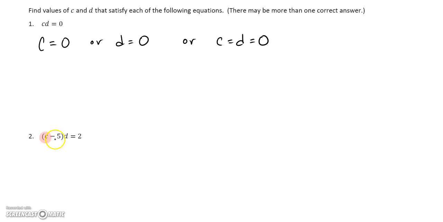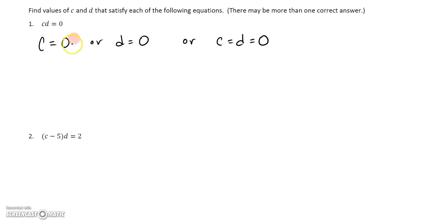What about this one? What about number 2? We've got c minus 5 times some number d equals 2. Well, let's think, what two numbers can we multiply to make 2?